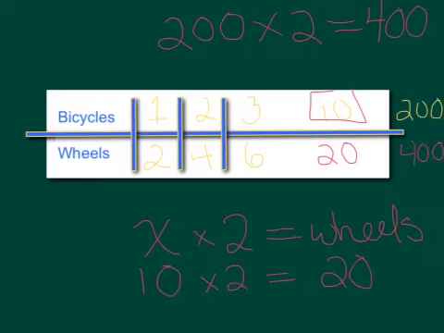So there would be 400 wheels on 200 bicycles. Because we figured out what the pattern rule is, we don't have to go and draw 200 bicycles or find 200 bicycles and count every single wheel on every single bicycle. We can just say if there was 200, apply our pattern rule, then there would be 400. It's much easier.